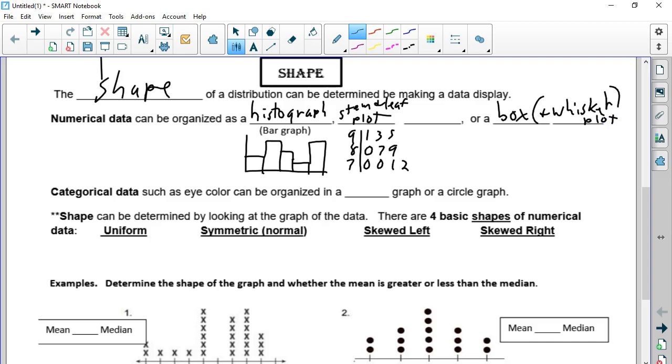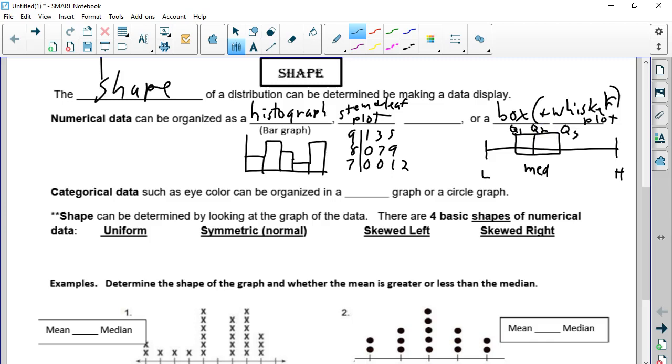And a box plot looks something like this, where you have your low value, you have your high value, you have your middle number, and what we'll get into later, this is called Q1 and Q3, quartiles. And technically the median is Q2. Okay? So that's the different types you might see.